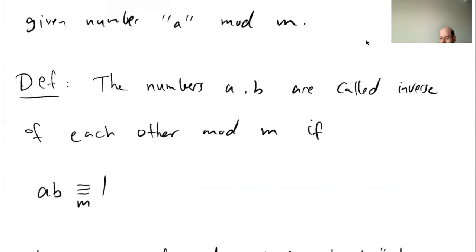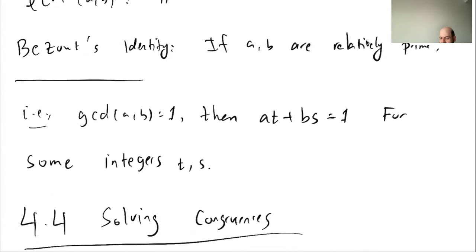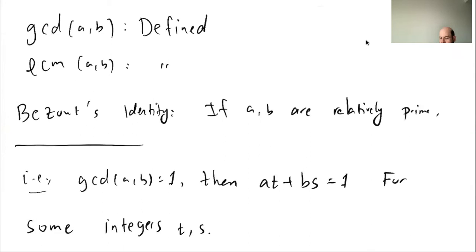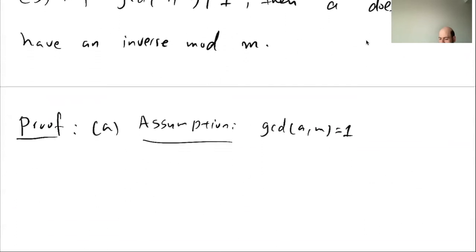Now by Bezout's identity, which says that if two numbers have GCD 1, then some linear combination of them is 1, meaning something like AT plus BS equals 1. Right now I have A and M, and the GCD of A and M equals 1.